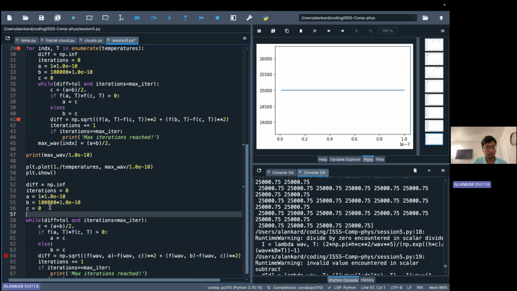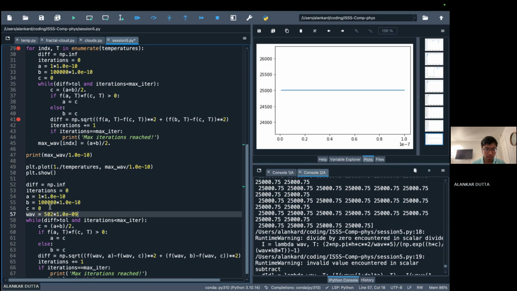So let's set WAV equals to, it says it's 502 nanometers, 502 times 1.0 E minus 9. So that's the definition of a nanometer, right?